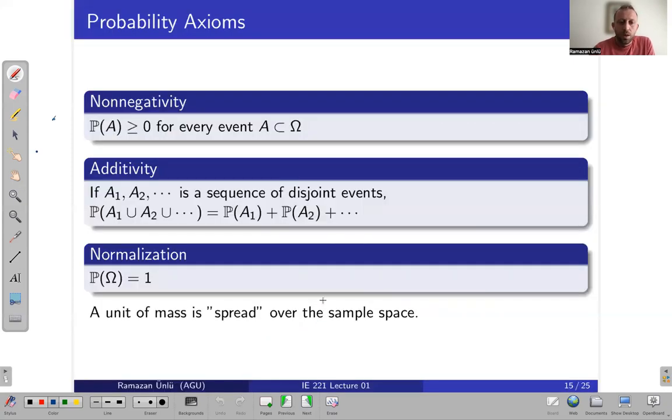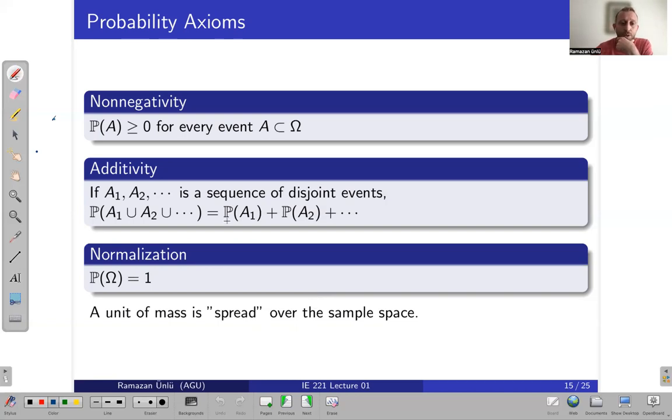Okay, let's start the axioms. Axioms are accepted as true. We are accepting these rules as true, and by using these axioms, we can derive some other sub-axioms or some formulations, some operations.